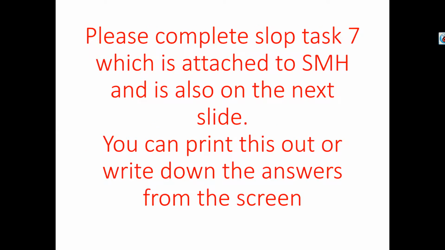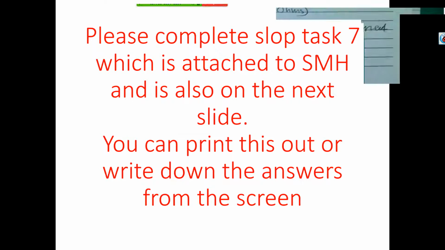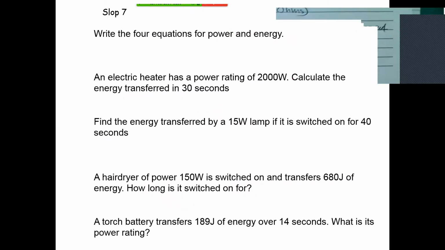Okay, after you've done that, there is a SLOP task to complete, which is attached to Show My Homework, and it will also be present on the next couple of slides. So slide 1, there's SLOP 7. Have a look at that, pause it, or if you wish to, go on to Show My Homework and print off the paper version.